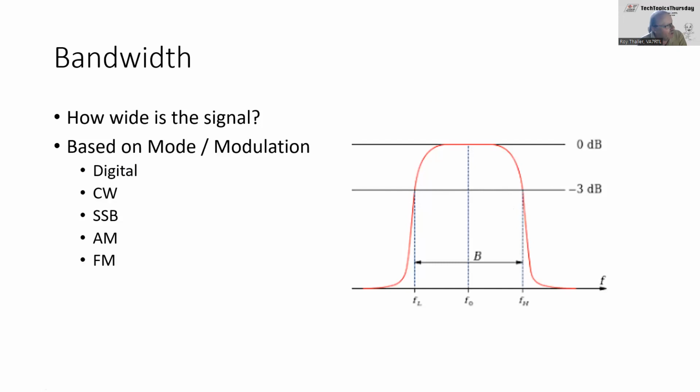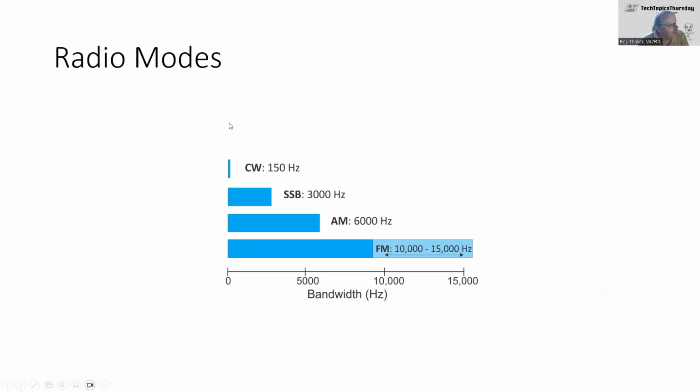So how wide your signal is depends on what mode of modulation you're using. If you're using digital modes, you're going to be down here, less than CW. You could be 10 to 100 hertz. If you're using CW, your signal is going to be about 150 hertz wide.